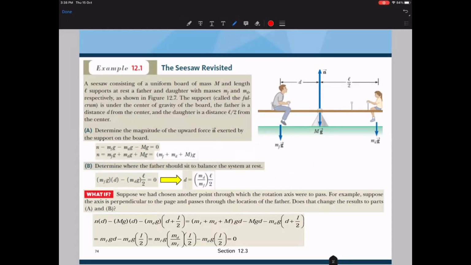Finally, considering any point in the diagram, the rotation about that point, the net torque about that point has to be equal to 0 as well. So these are the conditions for static equilibrium.